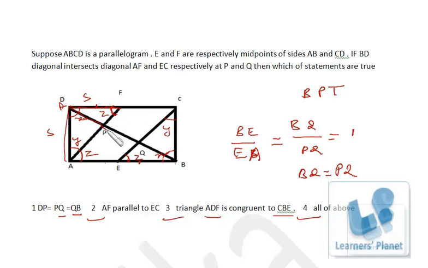Just take this triangle, that would be simpler. So DP by PQ is equal to DF by FC, and DF by FC is equal to 1. So DP by PQ will also be 1, so DP is equal to PQ. Now BQ is equal to PQ, and DP is equal to PQ. That means BQ is equal to PQ is equal to DP. All three things are proved.